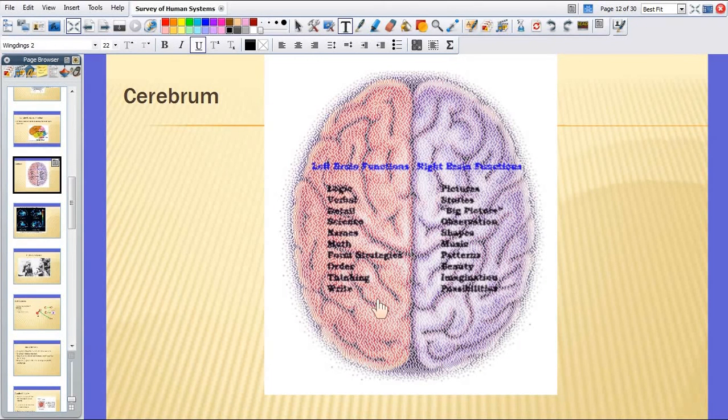The left hemisphere tends to be more analytical, so it analyzes the information that was collected by the right hemisphere and adds additional information to it. So for example, the right hemisphere sees the object and says it's a house. The left hemisphere takes that information and says, yes, not only is it a house, but it's my Uncle Bob's house.